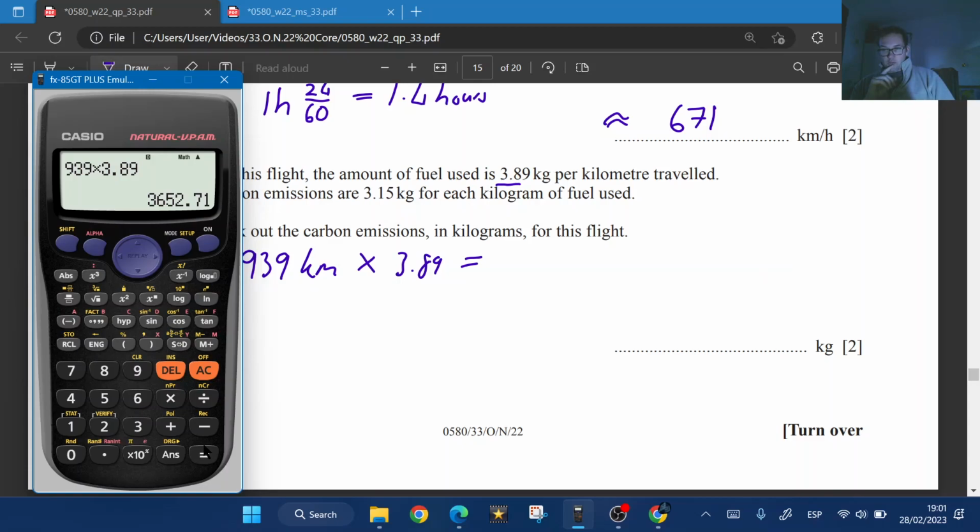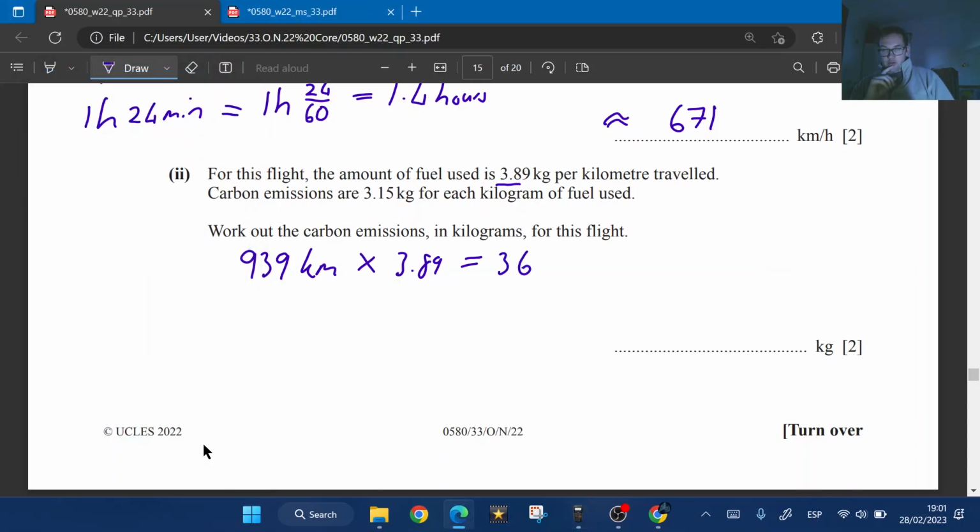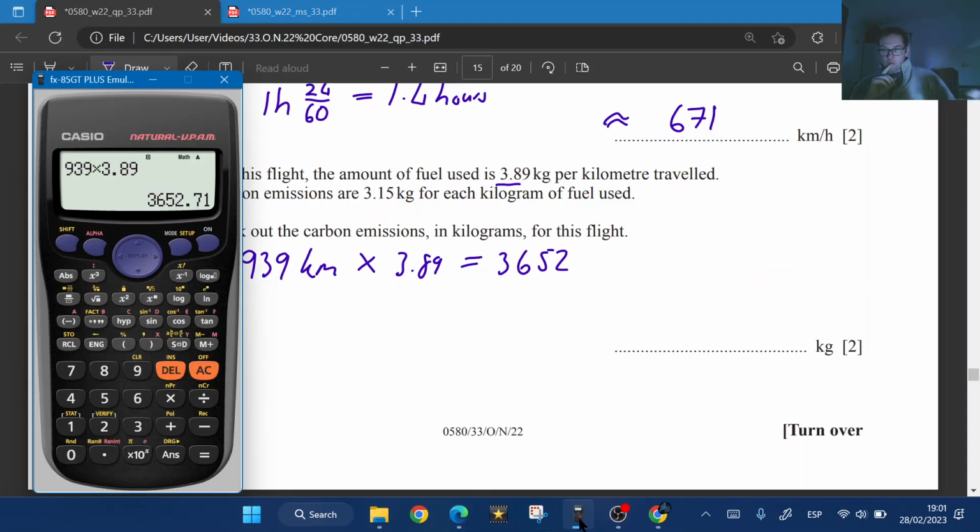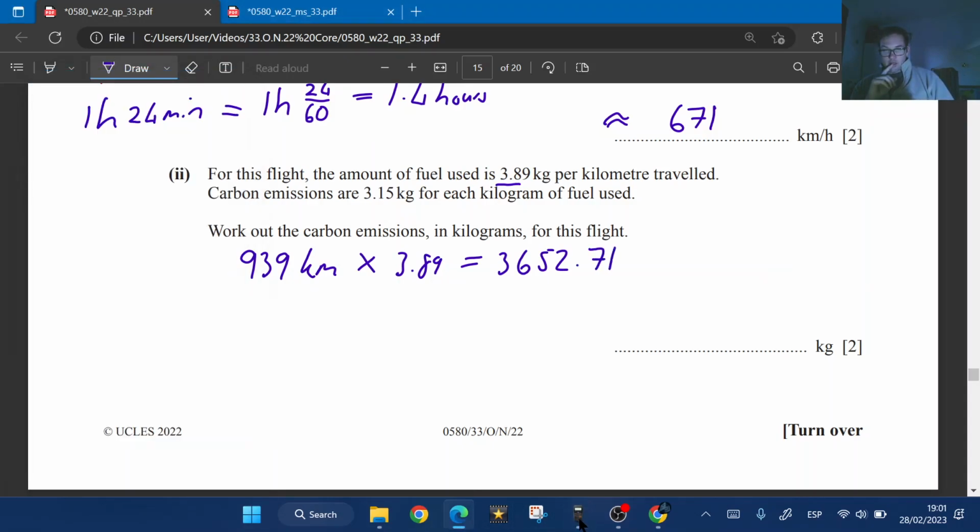So we've used 3,652.71 kilograms of fuel. Don't round this because this is not your final answer.